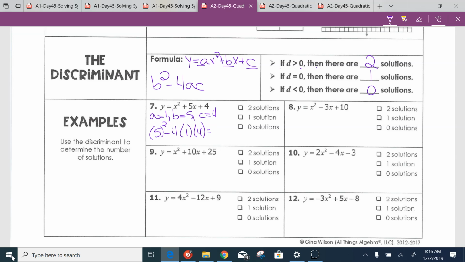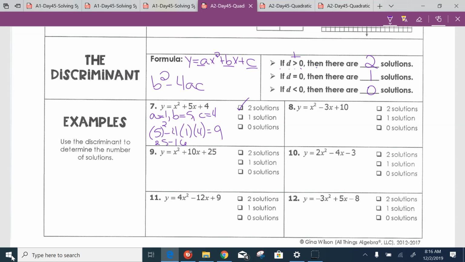So when I do that math, either in my calculator or manually, I get 25 minus 4 times 4, which is 16, to give me an answer of positive 9. According to my notes, a discriminant that's greater than 0 means I'm going to have 2 solutions. So this parabola will hit going upwards in the x-axis in 2 spots.